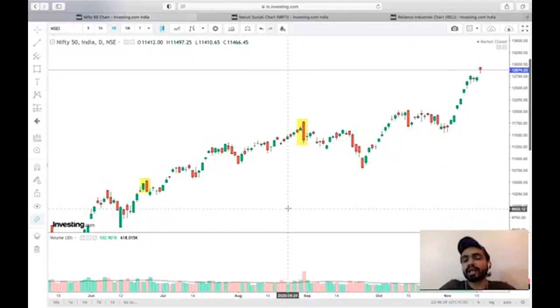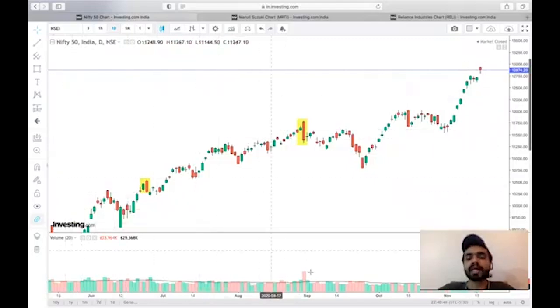Index does not have volumes. What investing.com is doing is taking an average of the volumes of all the stocks covered under Nifty and plotting a volume over here. So we will not consider the volumes for Nifty, Bank Nifty or any other index. Otherwise for stocks, it is okay.